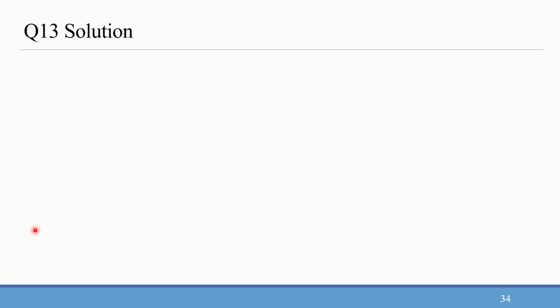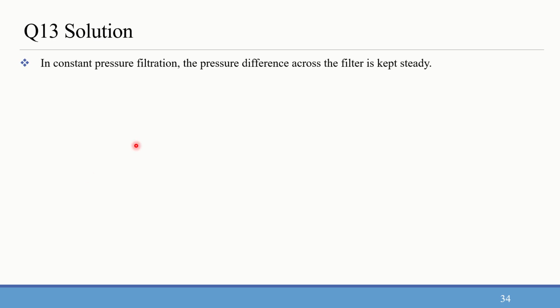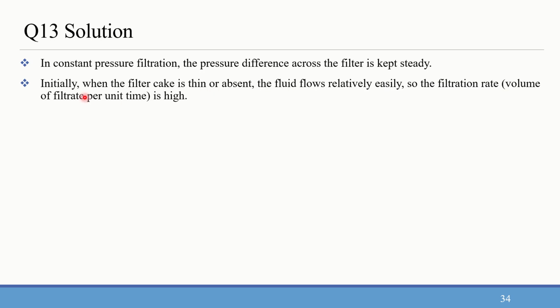So how, we will see now. In constant pressure filtration, the pressure difference across the filter is kept steady. That's why it's constant pressure, right? It is used for simplified processes, generally simple problems, not in complicated systems.